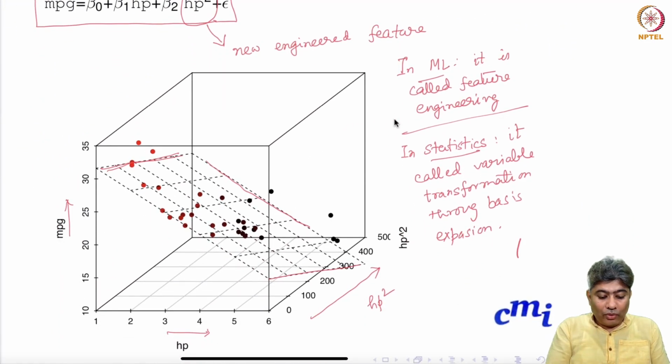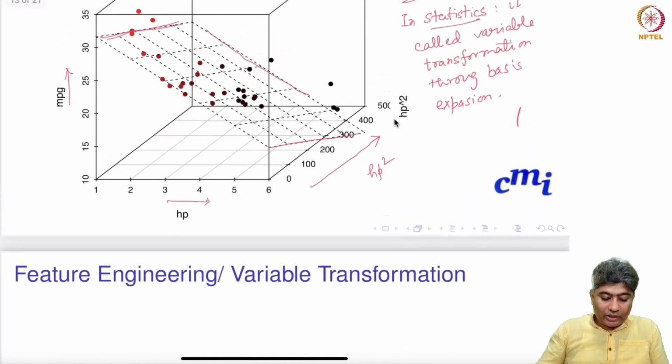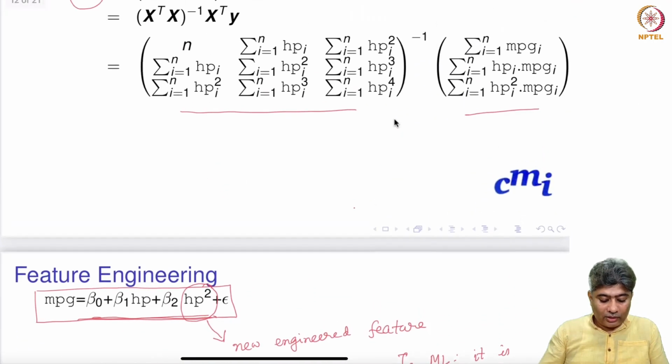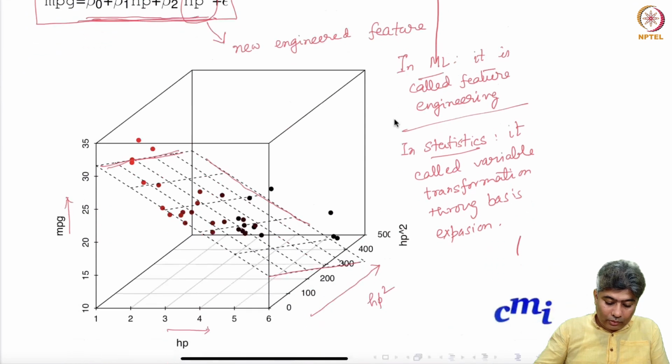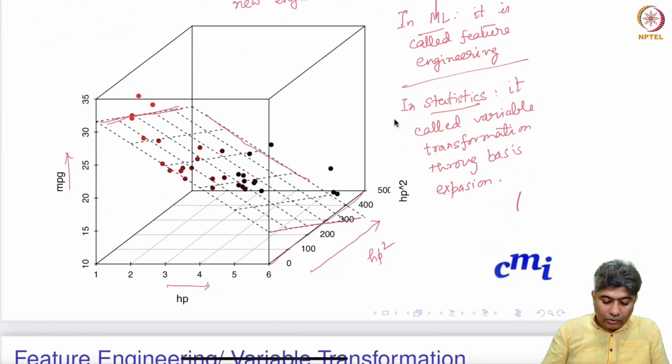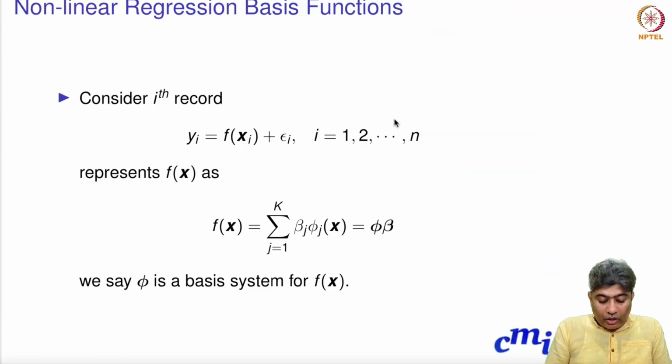But this fitted 2D plane is essentially a quadratic regression model. Remember that this quadratic regression is actually a 2D plane in 3-dimension space.